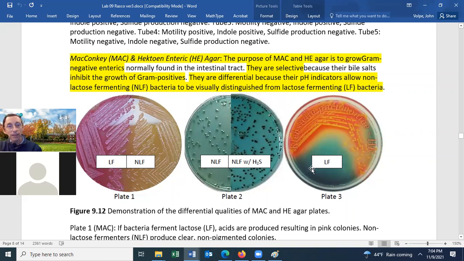For the HE media, if lactose is fermented, it'll be salmon colored, an orangish, reddish color. If it does not ferment lactose, the bacteria will be their normal color, which we'll say is non-pigmented or white in this case. And if the bacteria can produce hydrogen sulfide, the colonies will turn black on HE plates. All right, any question about any of that?